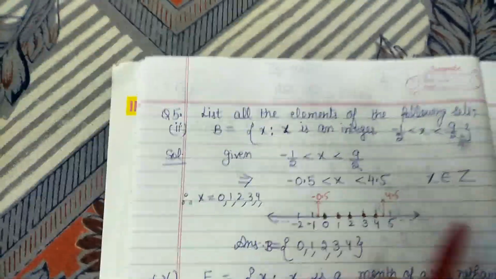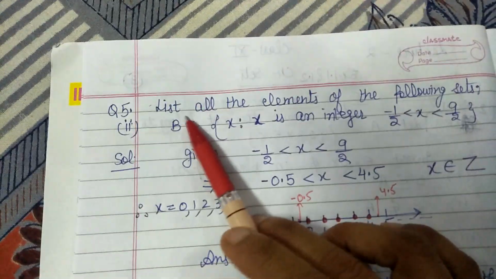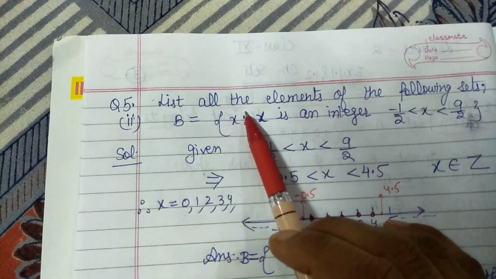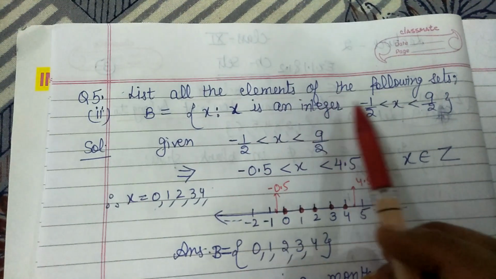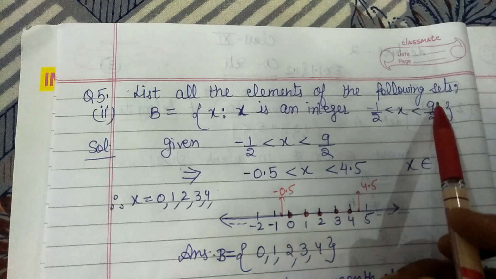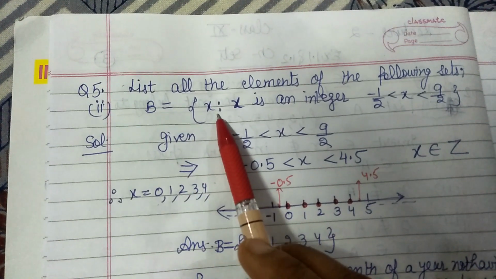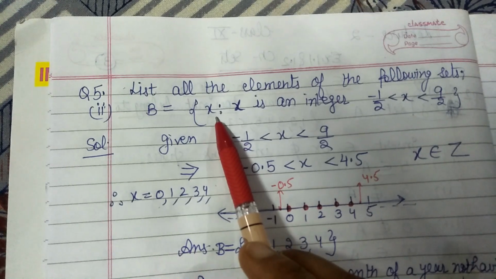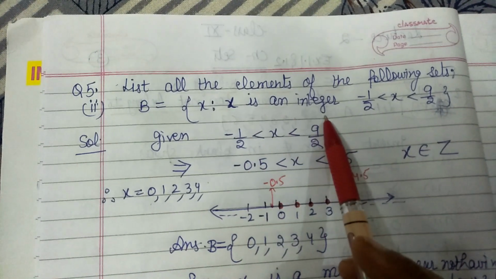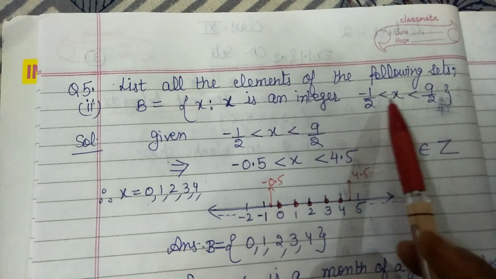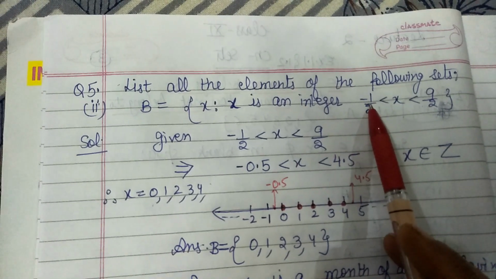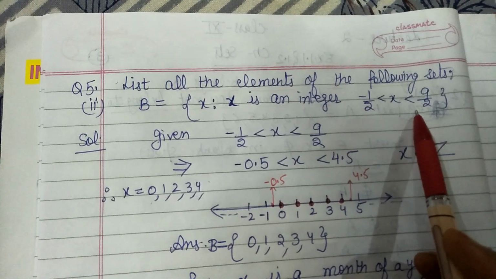Next is question number 5. List all the elements of the following sets. Second part, B is the set of x such that x is an integer, x lies between -12 and 9/2.